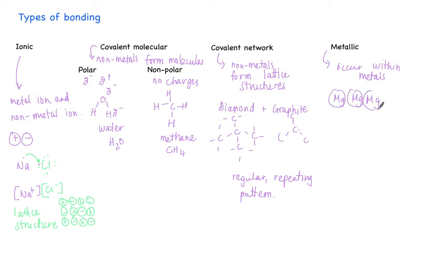And this is how a piece of magnesium would exist. But when we get down to the atomic level in senior chemistry, we start to understand that actually, no, metallic bonding is another type of bonding which results in a lattice structure.